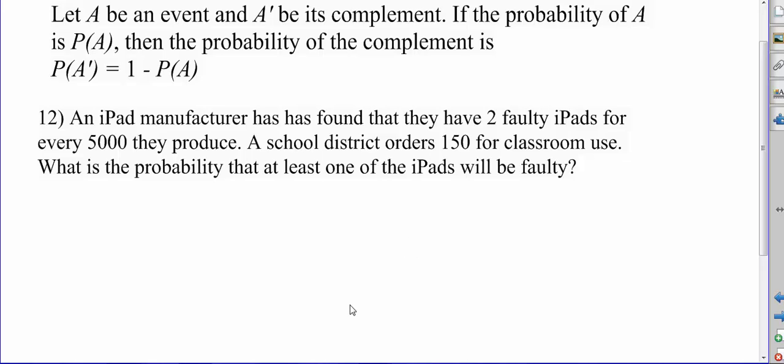An iPad manufacturer has found that they have 2 faulty iPads for every 5,000 they produce. The school district orders 150 of them for the junior highs to use. What's the probability that at least one of the iPads will be faulty? Now, that's assuming that the 2 faulty out of 5,000 is accurate. Instead of finding the probability of faulty, we're going to find the probability that none of them are faulty, and then we'll switch it.